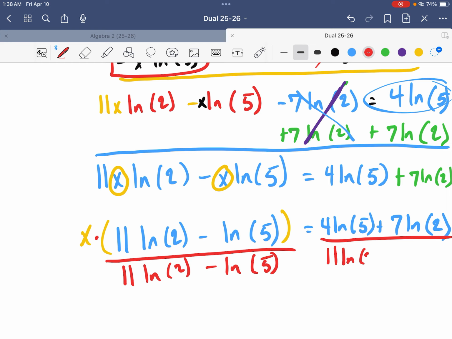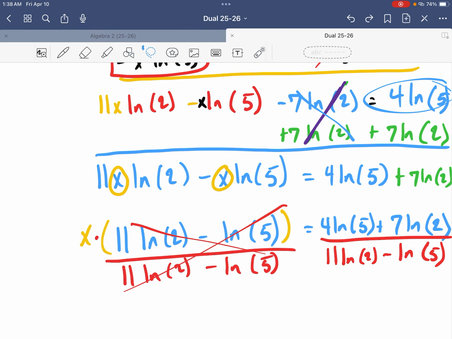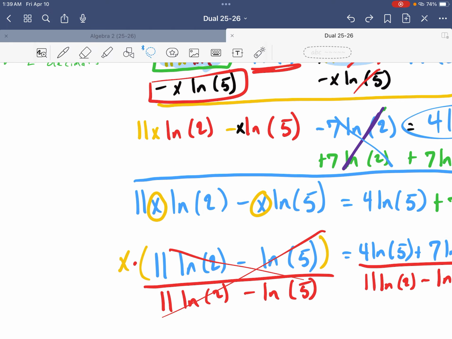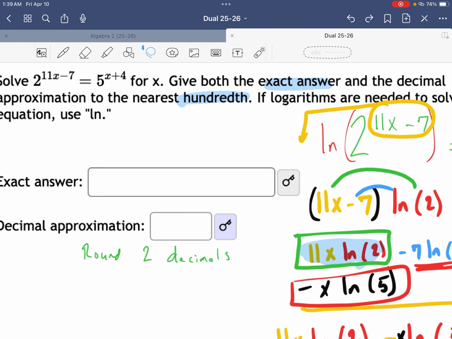So I divide by 11 ln2 minus the ln5. And finally, x is all by itself. You have all of this. And that's the exact answer.